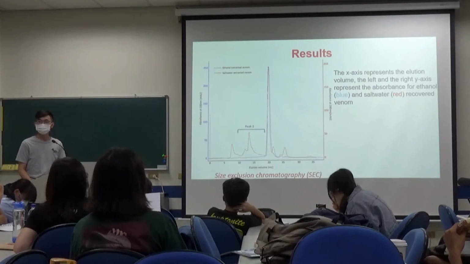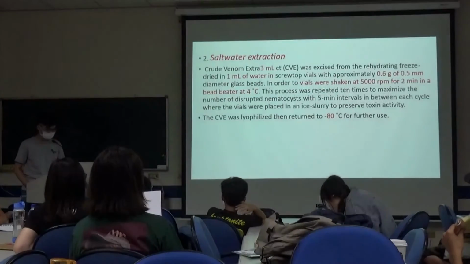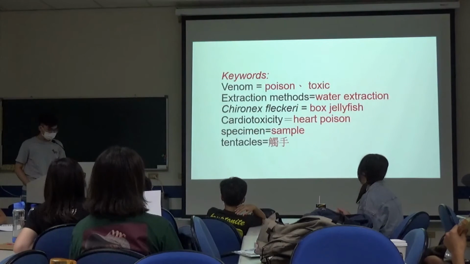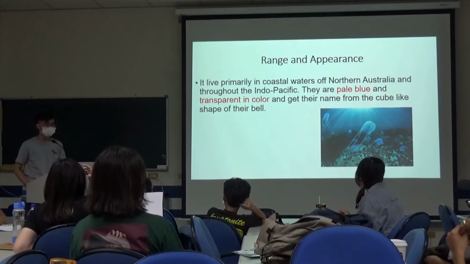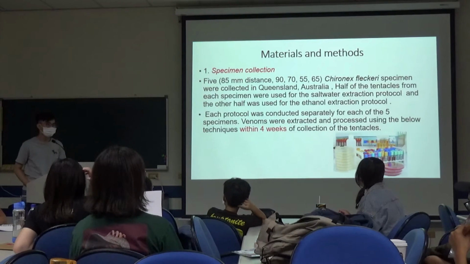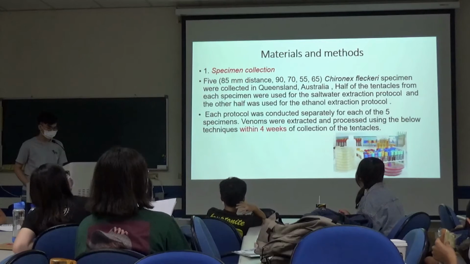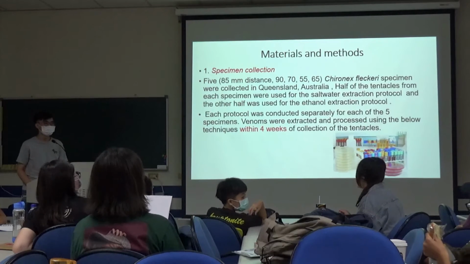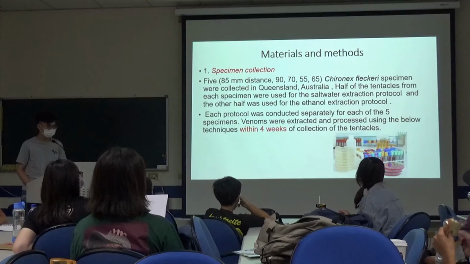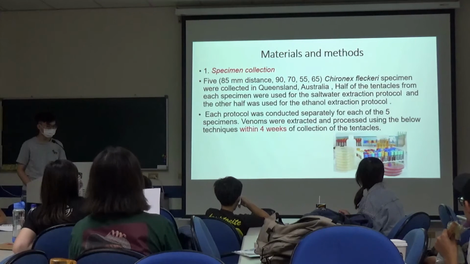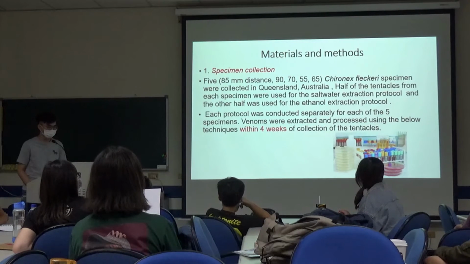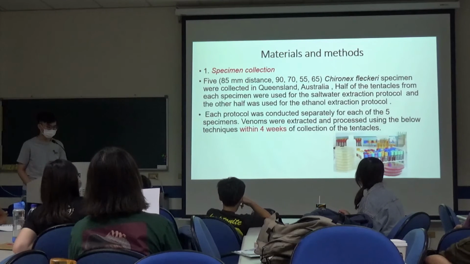Back to the introduction. Five species. What is the number? Which number? 85, 90, 70. You want to know about this sample? What number is that?